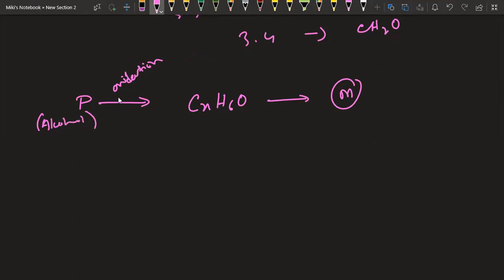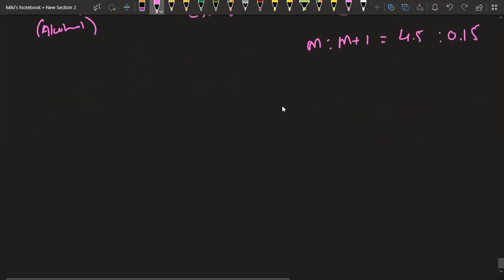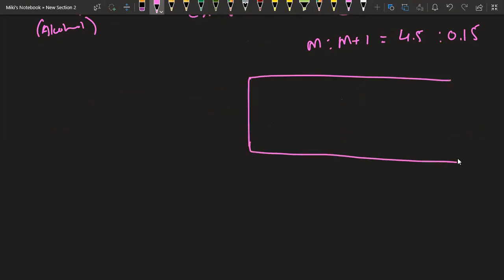Okay, it is given. And the M to M plus 1 ratio is given as what? 4.5 is to 0.15. Now, using this information, and one more piece of information they are supposed to give is the absorption values or the absorption chart.